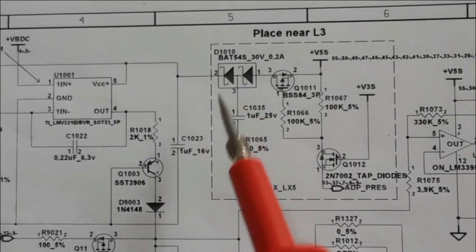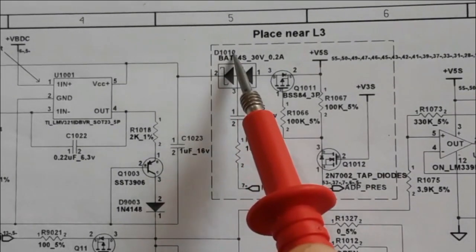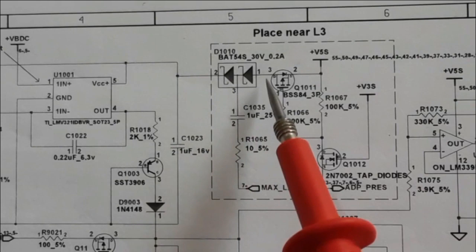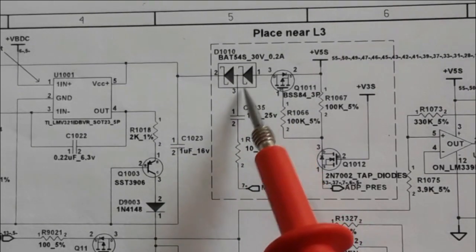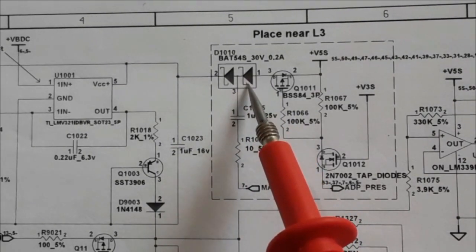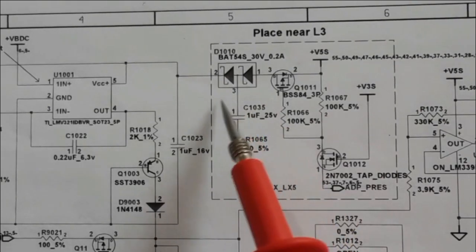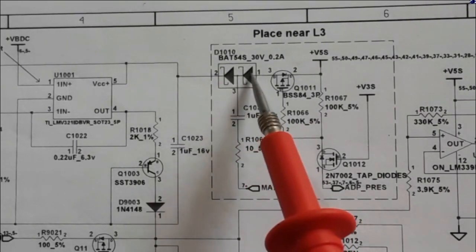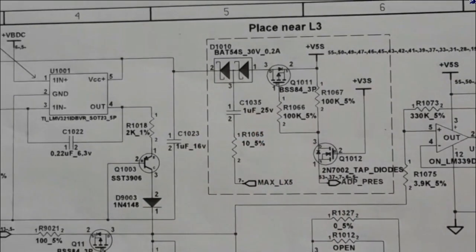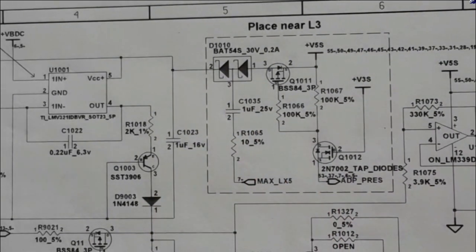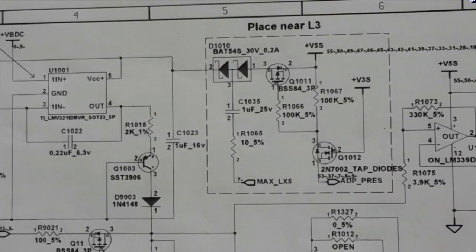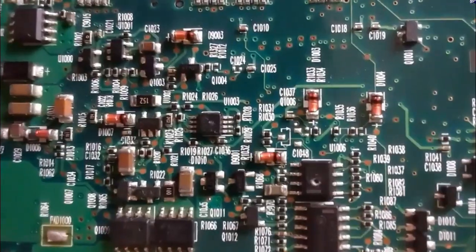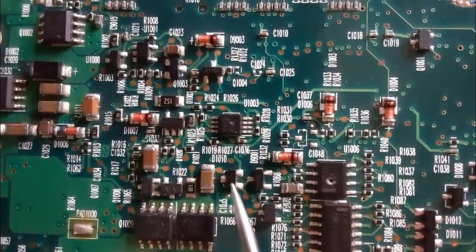So as you can see here, we have another component. This is a double diode, D1010. We're gonna see this diode in the motherboard. So this is a double diode, two diodes that are connected together, as you can see here in the motherboard.